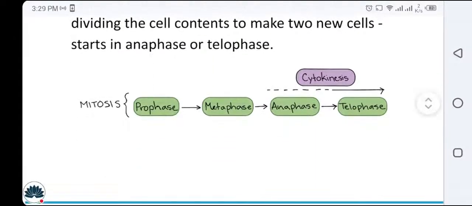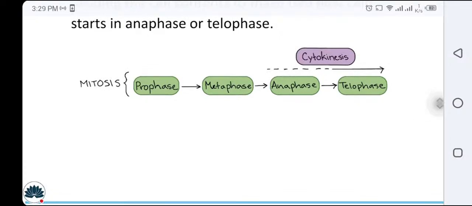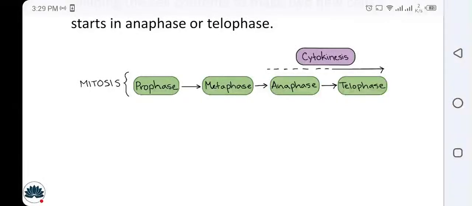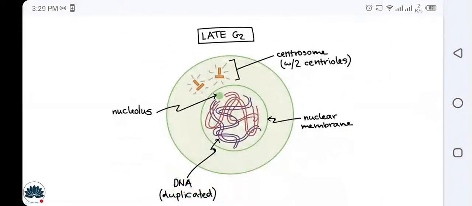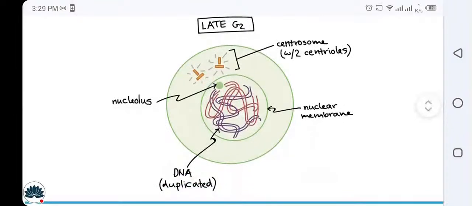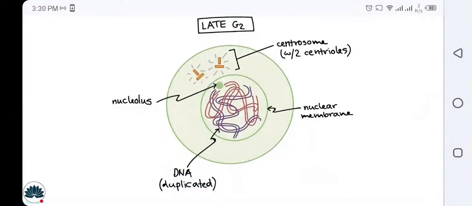and telophase. So this is the cycle of mitosis as prophase, metaphase, anaphase, and telophase, where cytokinesis occurs in anaphase and telophase. It is late G2, meaning late gap 2 phase. Now you can observe here the centrosomes.